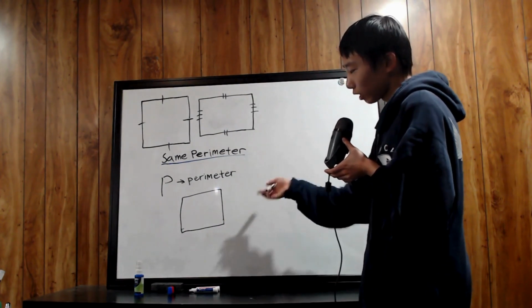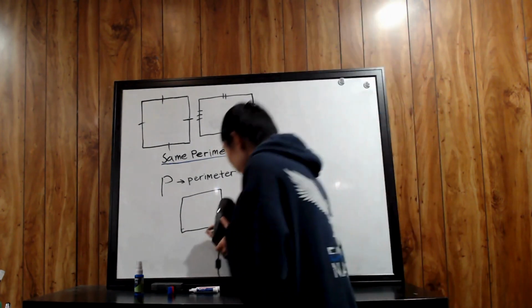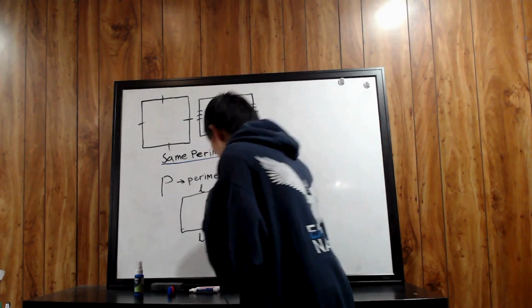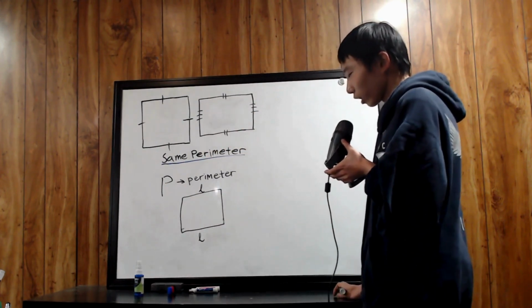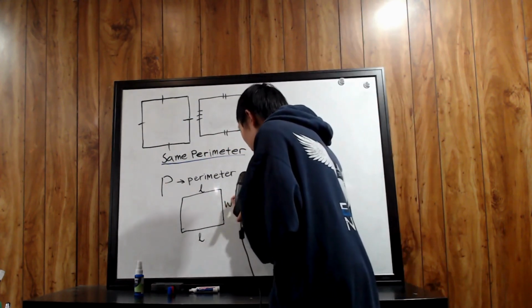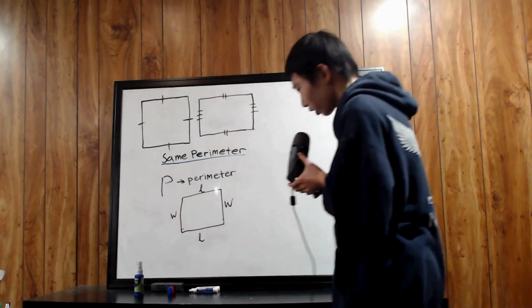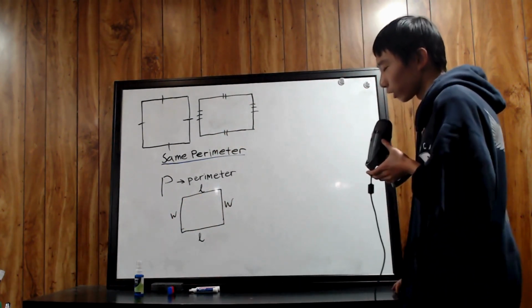So this rectangle has length L, and W is its width.